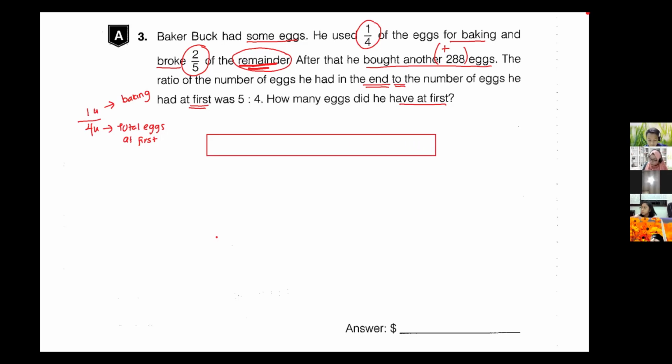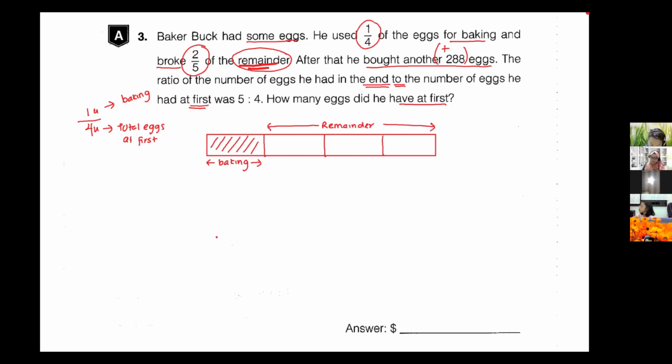Then I'm going to cut equal parts. Then I'm going to shade one of the 4 parts for baking. One part here, and I put it as baking. And I know that the balance unshaded part is my remainder.